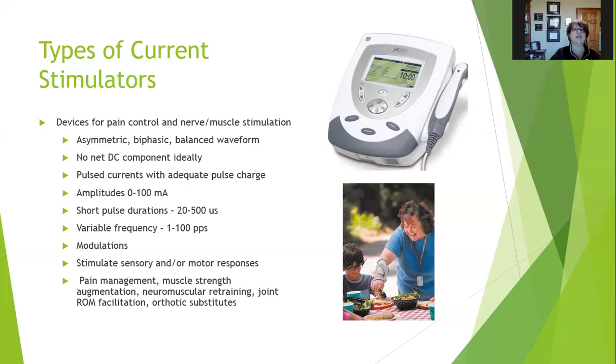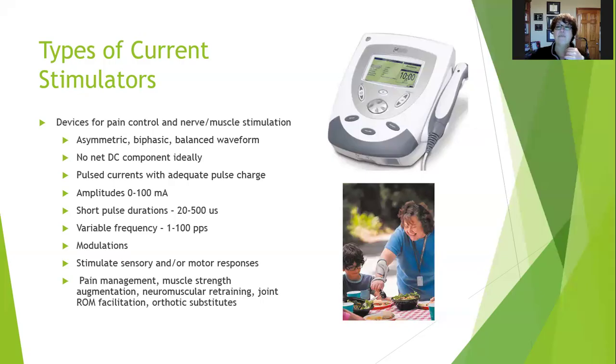You can use any of these current stimulators to stimulate sensory or motor responses. You can use them for pain management with the gating effect, and for pain management with other effects that we'll talk about. You can use them for muscle strength augmentation, neuromuscular retraining, joint range of motion facilitation, or orthotic substitutes.